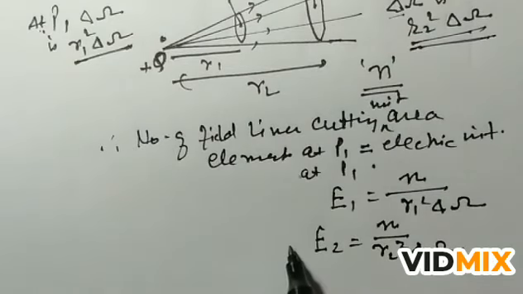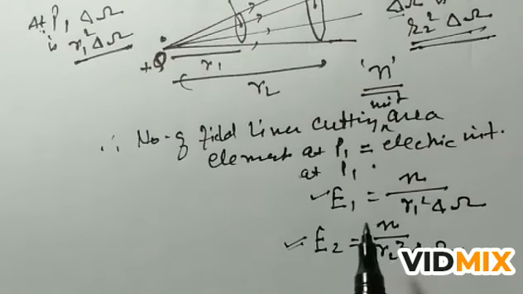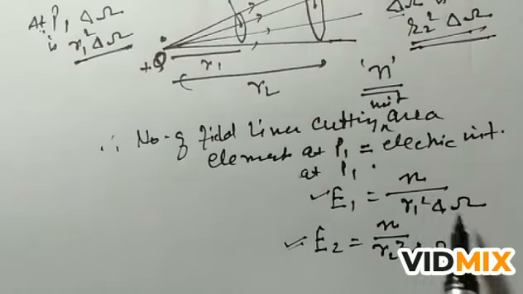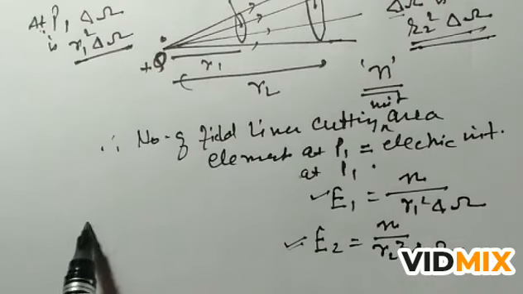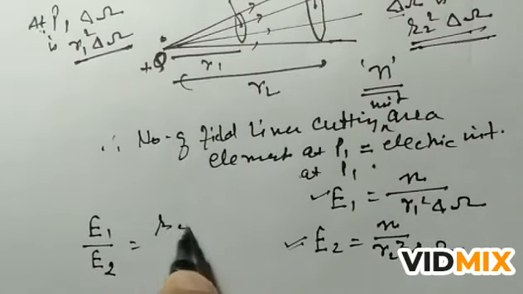So this is the electric intensity at P2 and this is the electric intensity at P1. Since N and delta omega are the same, we can write E1 upon E2 is equal to R2 square upon R1 square.